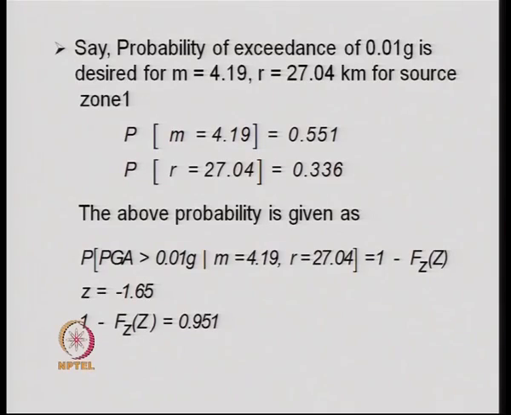And for those combinations of M and R, one can find out the peak ground acceleration exceeding a value of 0.01 g, conditioned upon these two quantities. And for obtaining these exceedance values, we assume that the PGA is varying log normally. So, from standard log normal tables, one can get the value of F_Z(z) and one can calculate this quantity.